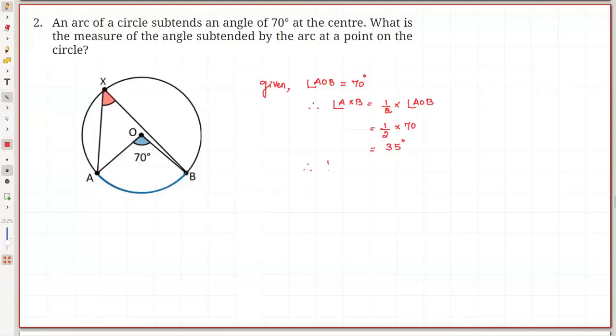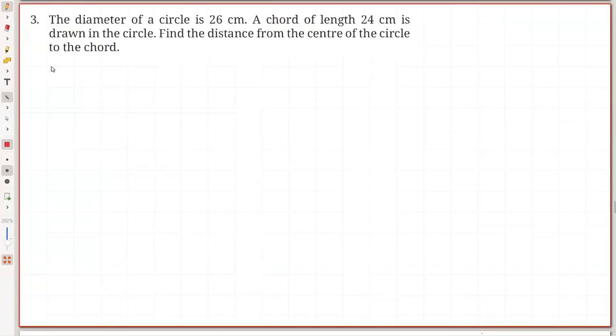So angle AXB is equal to 35°. We have to mention the theorem: the angle subtended by an arc at the center is double that at the remaining part of the circle.